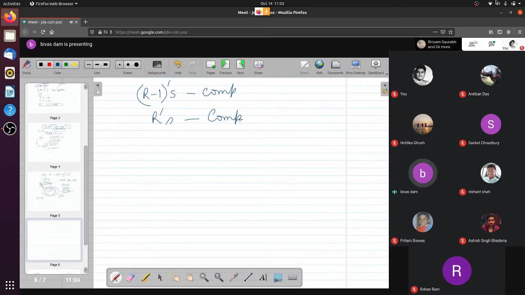Here R is basically the radix of the number system. So for decimal it is 9's complement and 10's complement. For hexadecimal it is 15's complement and 16's complement. For octal it is 7's complement and 8's complement. For binary it is 1's complement and 2's complement.